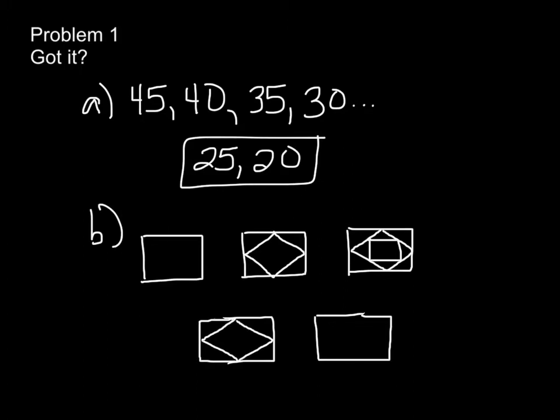You'll notice we connected all the midpoints, and then we connected the midpoints again, and so then we're going to have to connect the midpoints again. So for our next shape, we just keep going, connecting the midpoints each time. We're going to be left with a square or a rectangle in the middle. If we continue on, we keep going inside with the shape, connecting the midpoints each time.